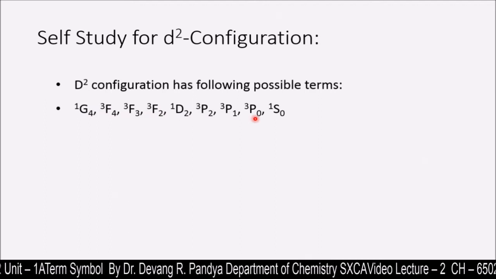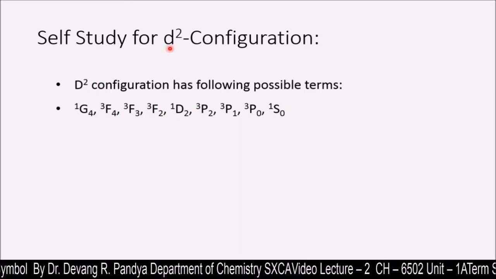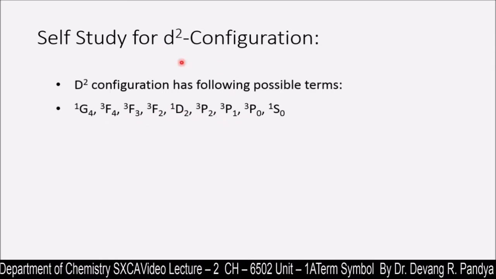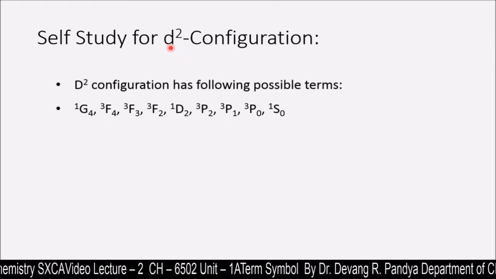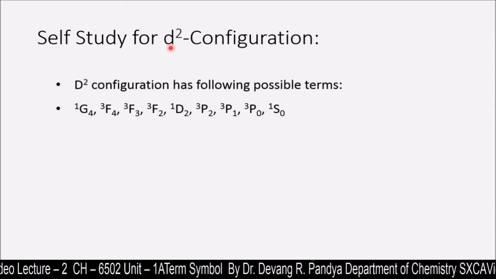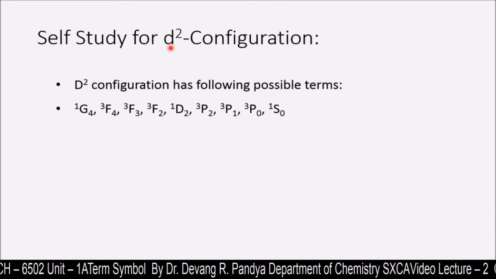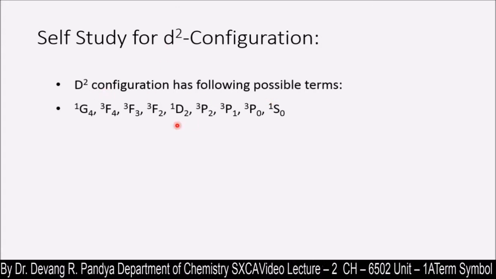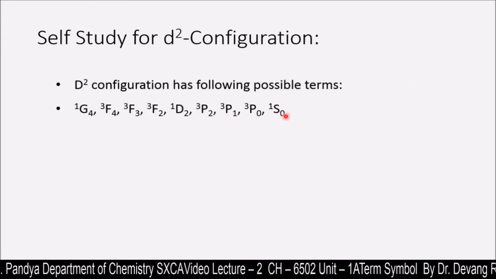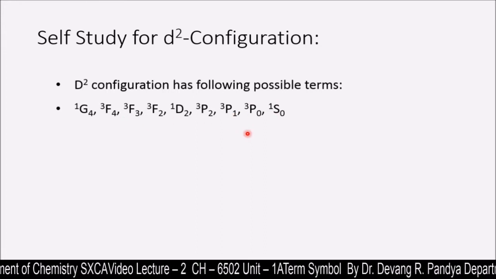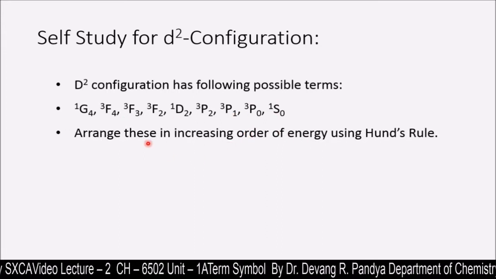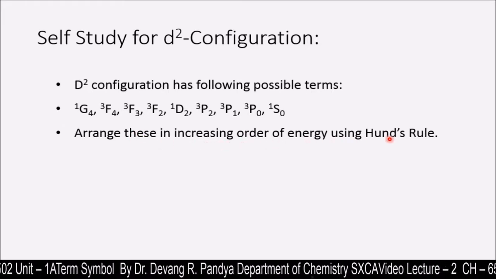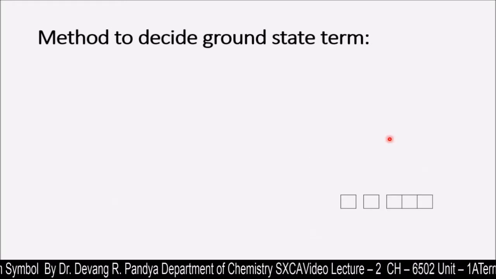D2 configuration is for the titanium element, where there are two unpaired electrons in d orbitals. So for D2 configuration, the possible term symbols are this many, and we need to arrange them in the order of energy. That is for your self-study.